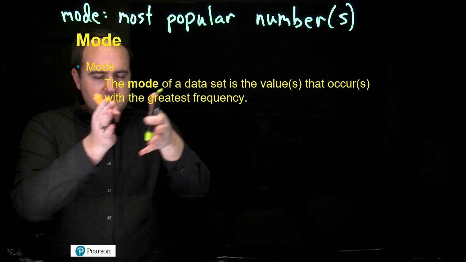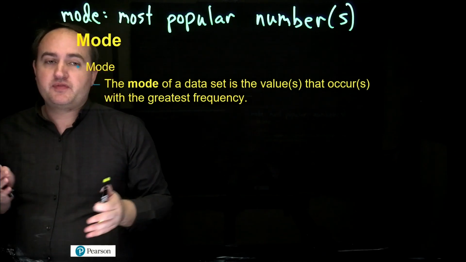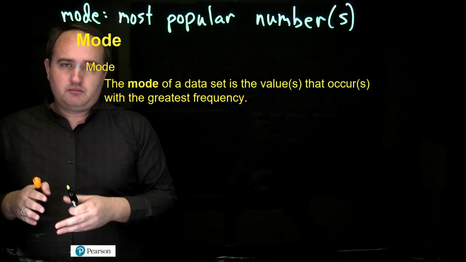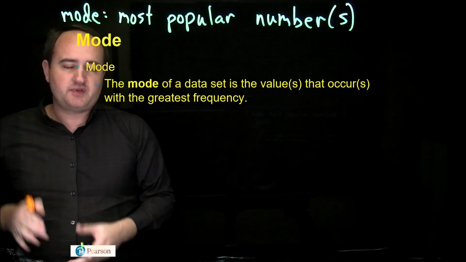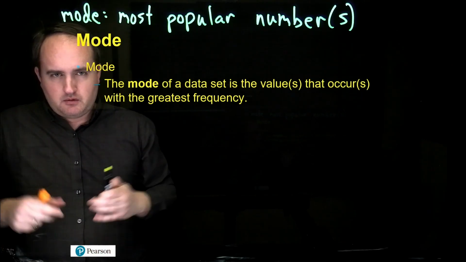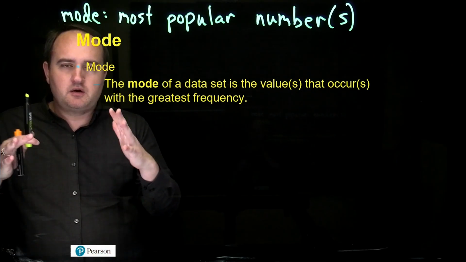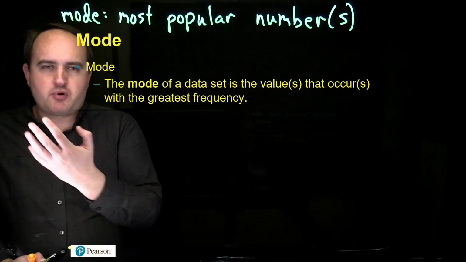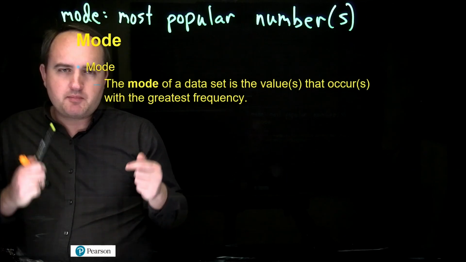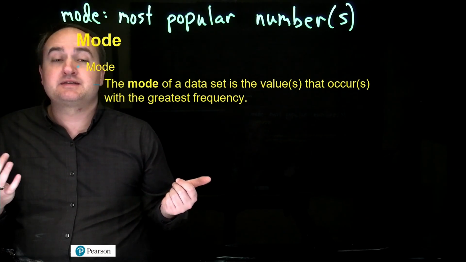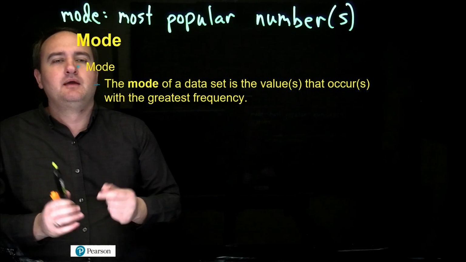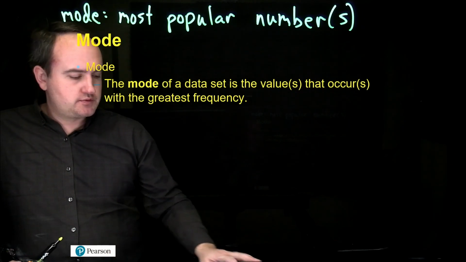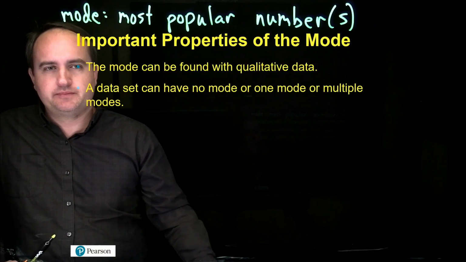So if there are clearly some numbers that are occurring more than the others, and they both occur the same amount, then you would have 2 modes. Okay, so if there are 2 numbers that are most popular, and for example, they both occur 3 times, then they both win the popularity contest, and so then you would have 2 modes. But we'll see all the different cases.